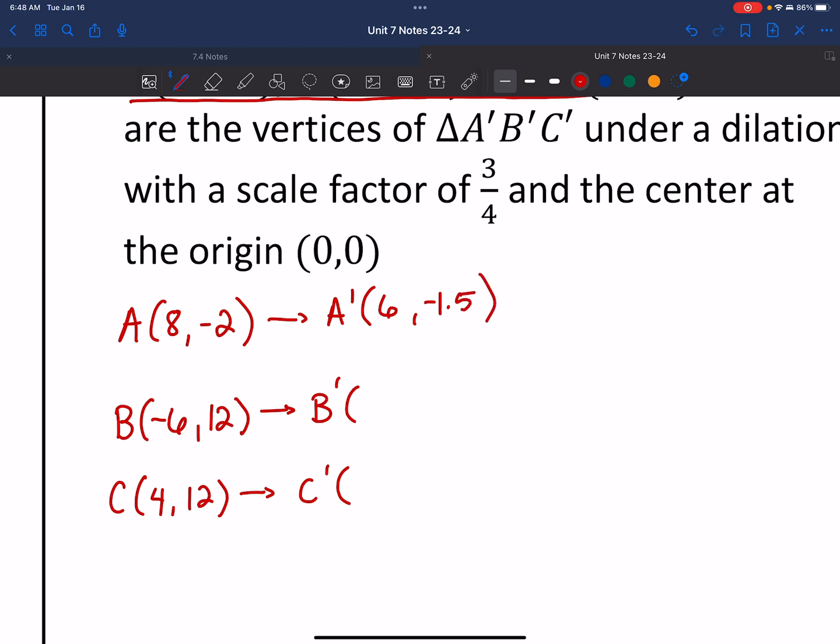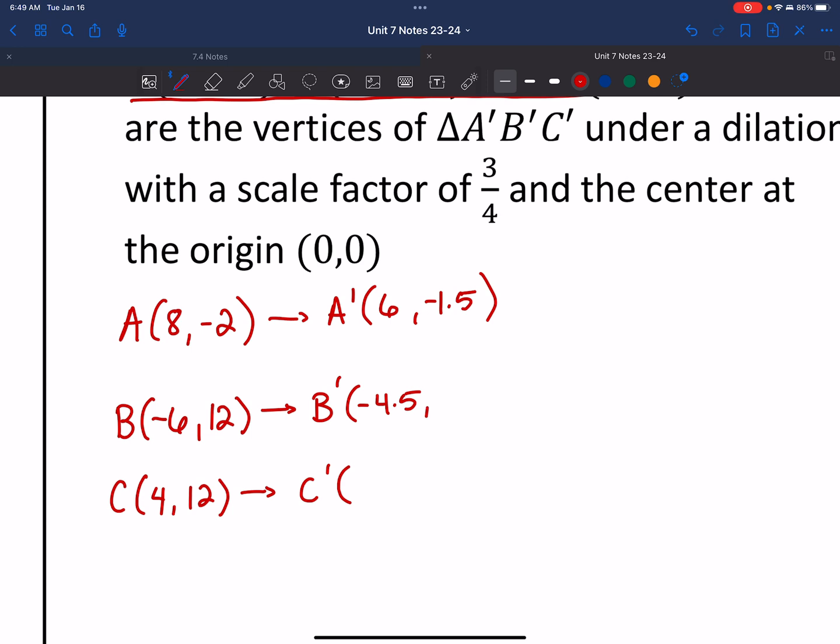-6 times 3/4. Going to get -4.5. Twelve times 3/4 gives me 9. 4 times 3/4 gives me 3.